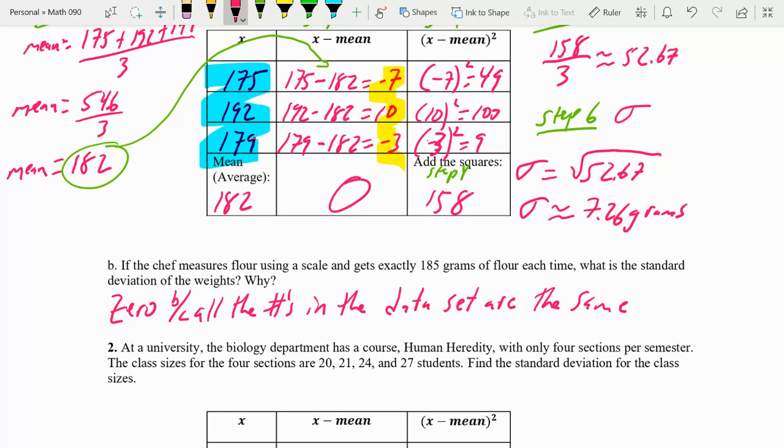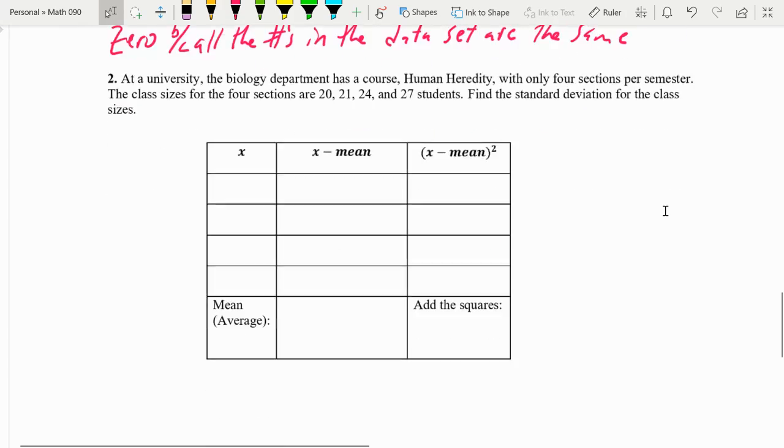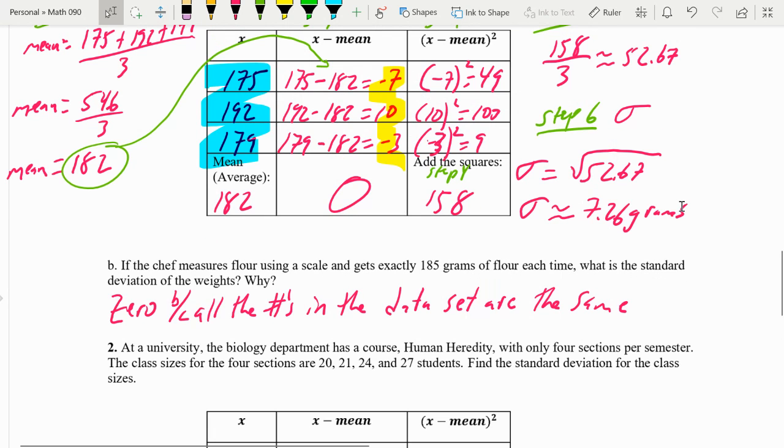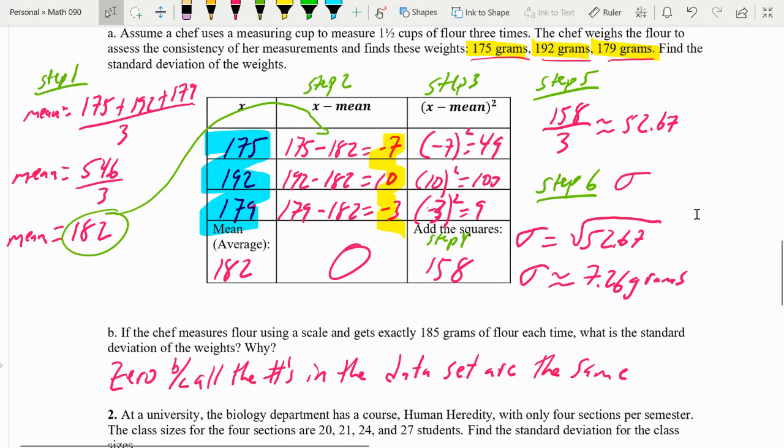Remember I said standard deviation just means how spread out are the numbers? Well, if they're all the same, it's got to be 0. Is everybody okay with that? Hopefully. If you don't believe me, try doing this problem with all 185 each time, and you should get 0.